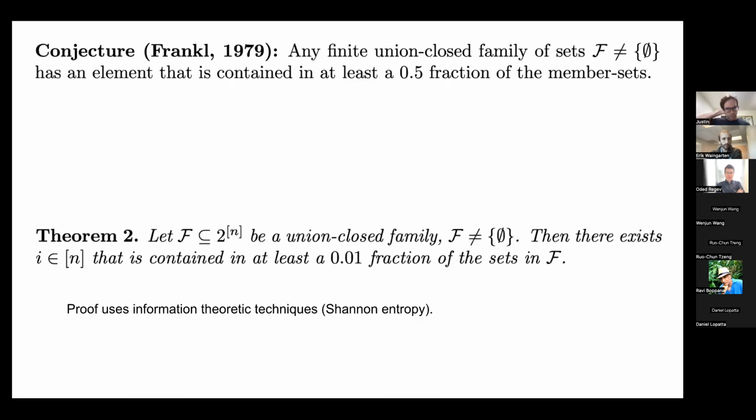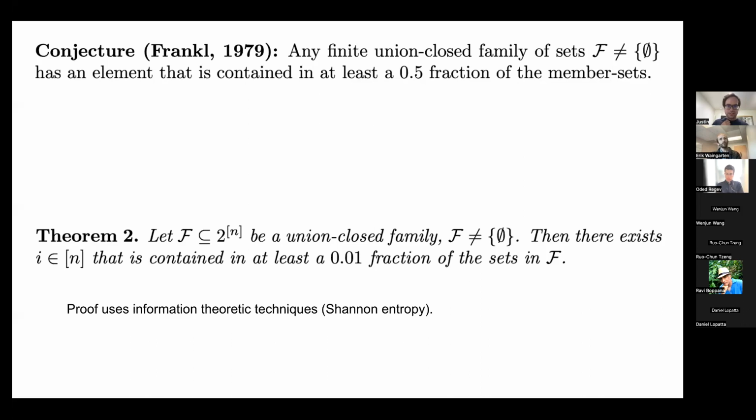We'll sketch a proof of the theorem that there's not an abundant element, but an element that's contained in at least 1% of the sets in F. With the techniques introduced here, we now know Frankl's conjecture holds for something like 38.2 something percent of the sets. So we've been inching up towards 50%, but we're not quite there yet.